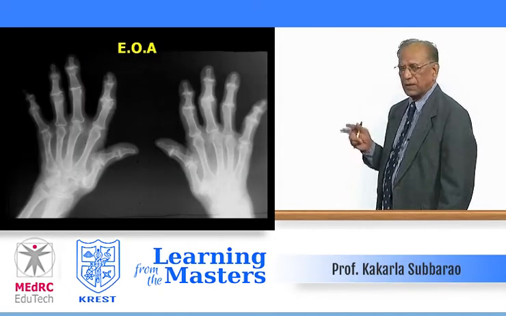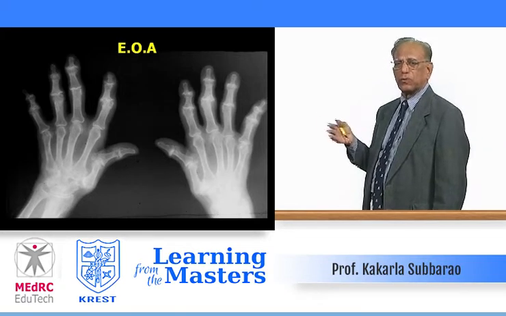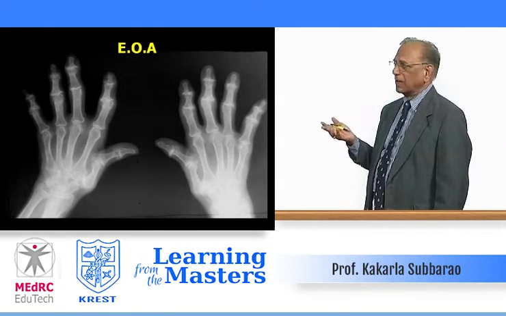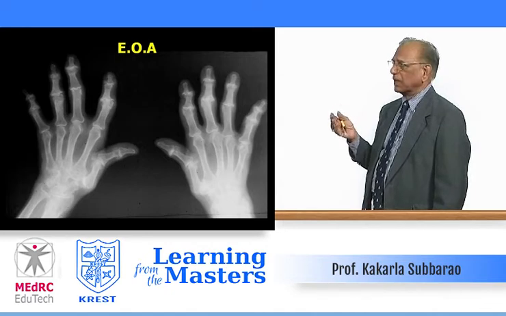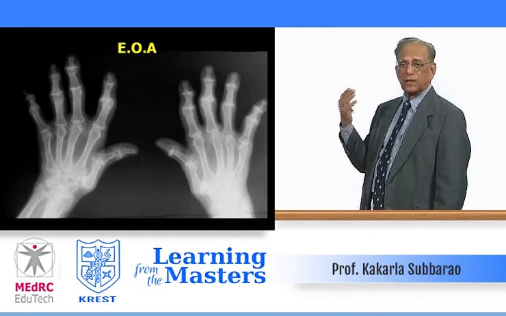And then, as I said earlier, there is another variety of osteoarthritis, which often occurs in postmenopausal women, and sometimes is familial. And what is the importance of this? There are erosions, as if it is a combination of rheumatoid arthritis and degenerative arthritis.